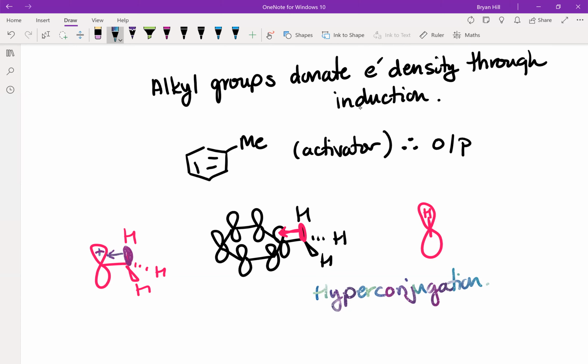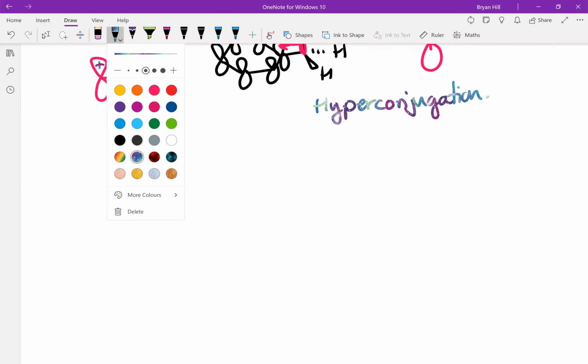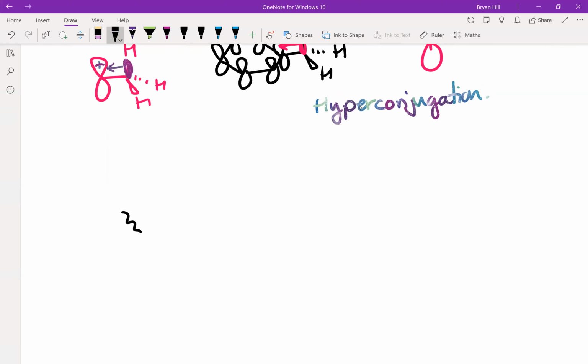So we can go through and look at a whole bunch of different functional groups and classify them as ortho para or meta directors. So this little squiggly line is going to be our aromatic ring.